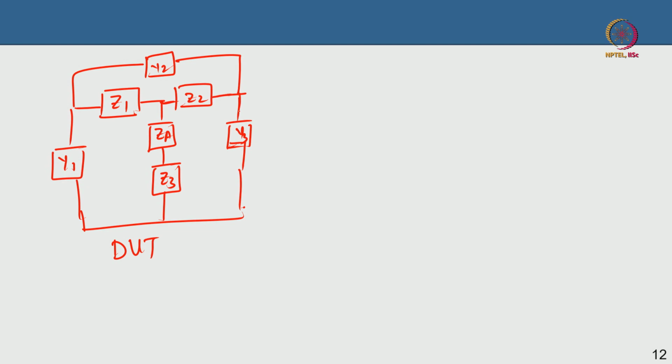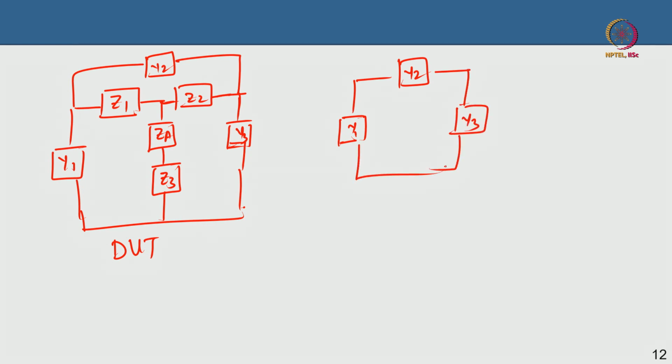The open is just Y1, Y2, Y3, gate, drain, source. This is your open. So you measure S parameter, you convert to Y. So you get Y DUT, and here you get Y open.